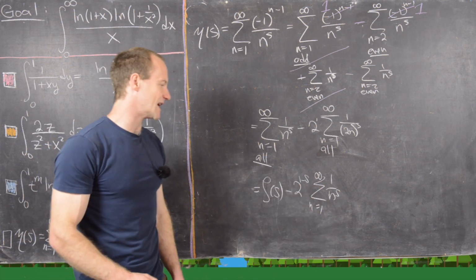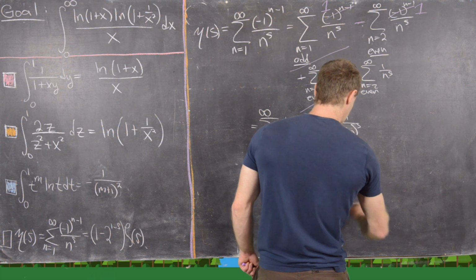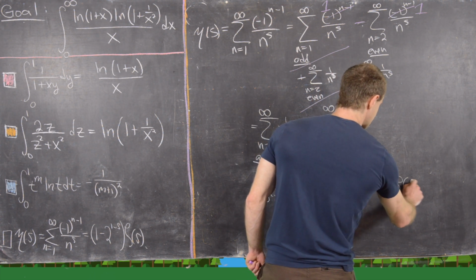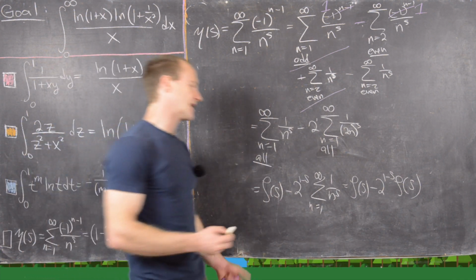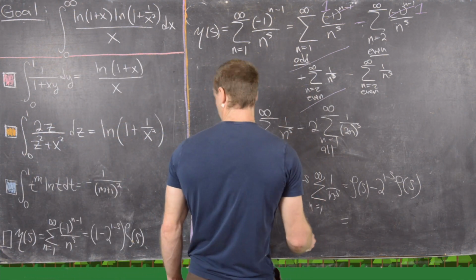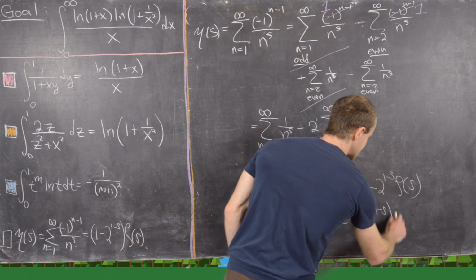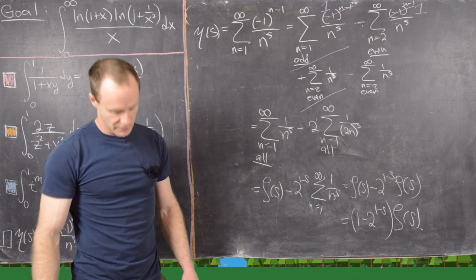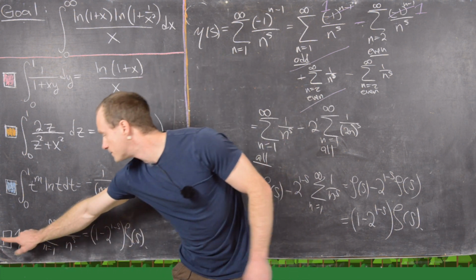But again, this guy is just the Riemann Zeta function. So this gives me the Riemann Zeta function evaluated at s minus 2 times 1 minus s, the Riemann Zeta function evaluated at s. But I can easily factor a Riemann Zeta function out of that, and that gives me 1 minus 2 to the 1 minus s, and then the Riemann Zeta function evaluated at s. Good. And that establishes this fourth bullet point.